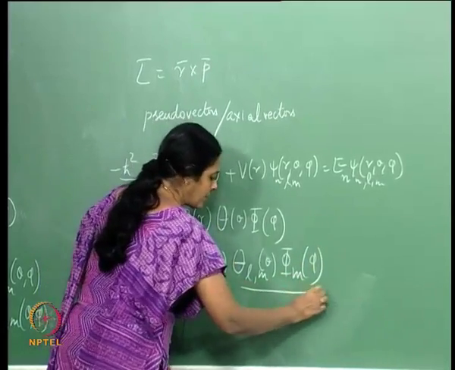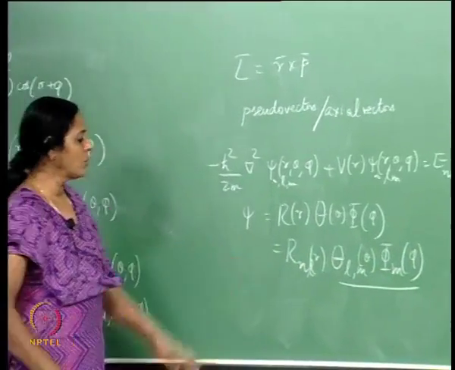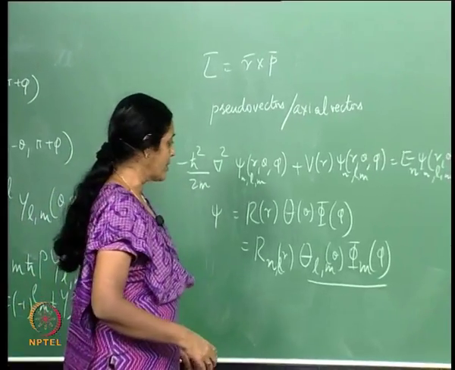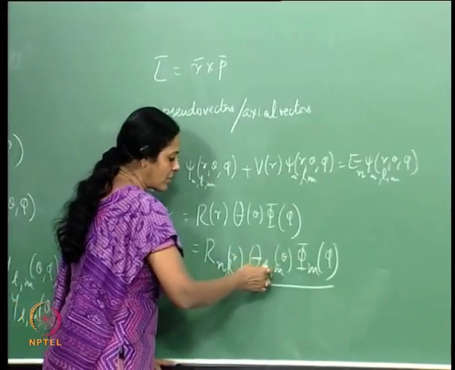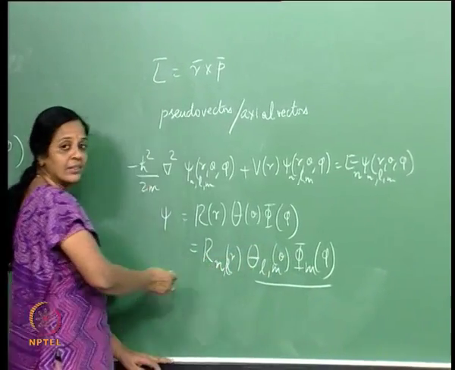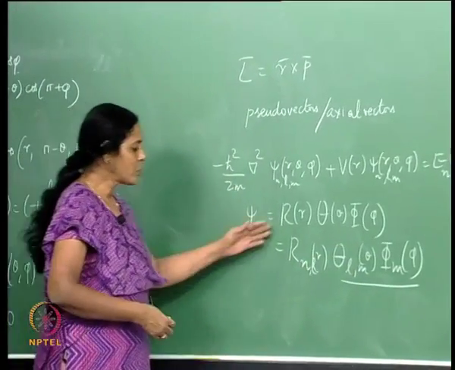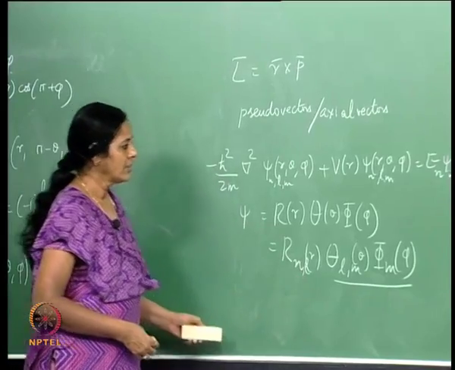And this is the part that we have already looked at, and we need to worry about what the radial equation is. But on the other hand, even as m and L got related, L and n will get related once we solve the radial equation.